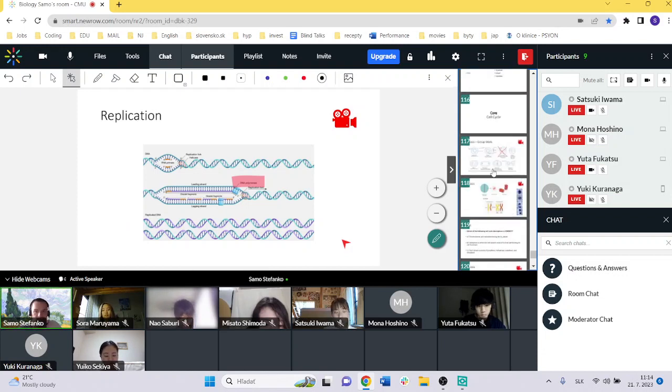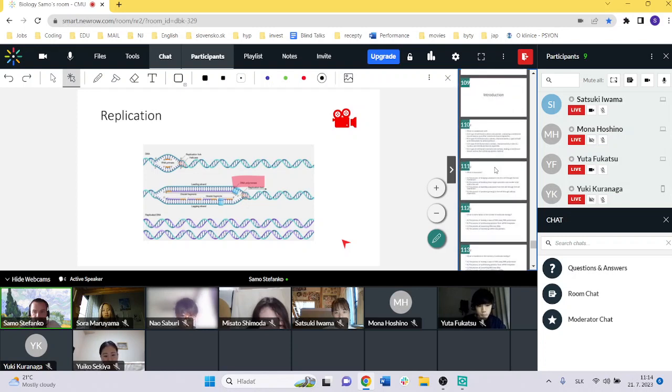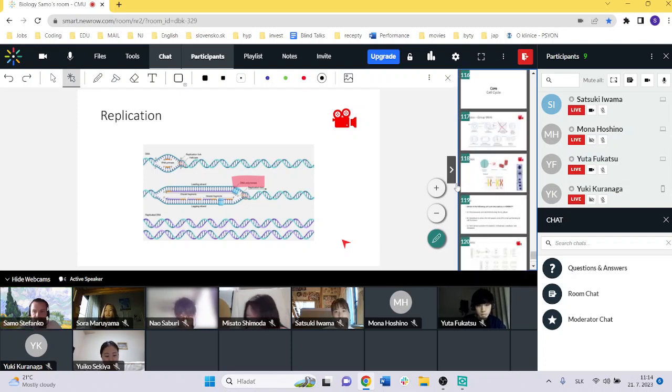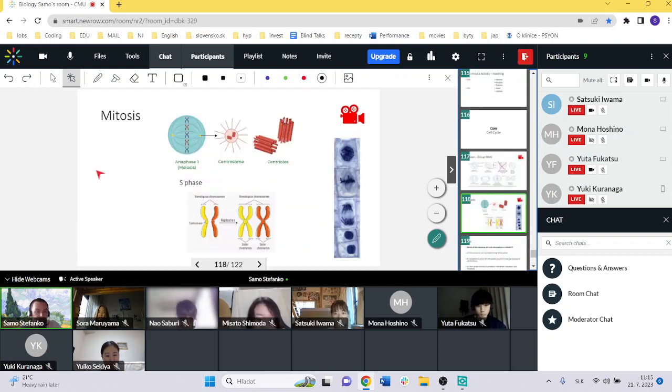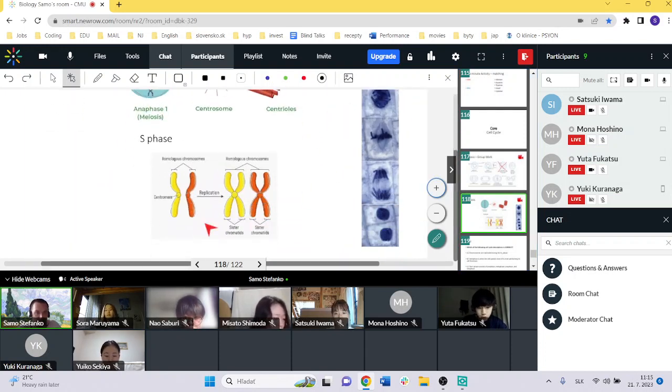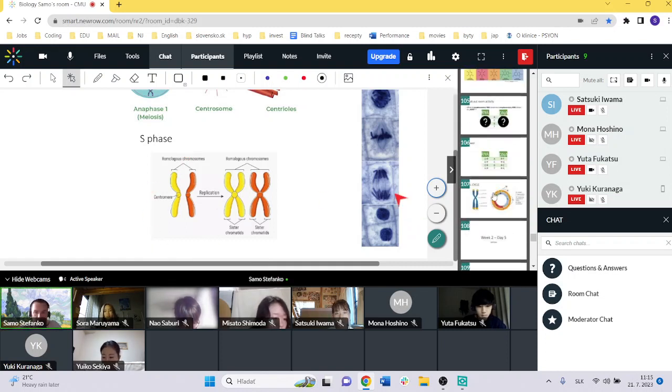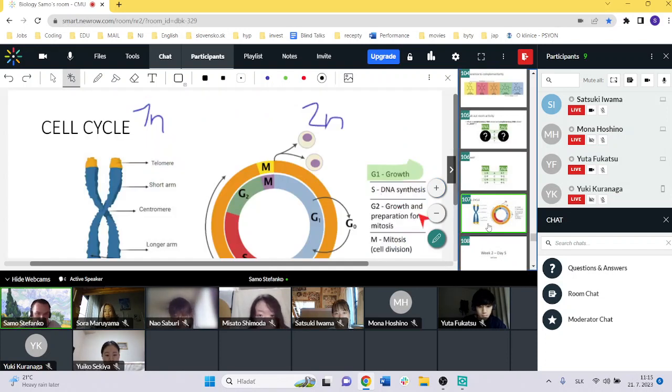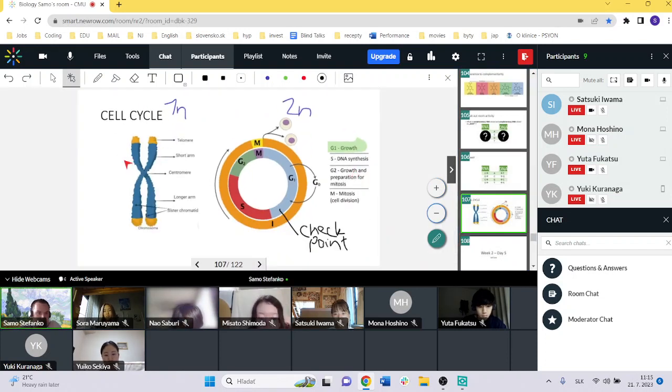Okay, so what does the S phase mean basically? Let me get back to it. How does it look if we check the S phase on this picture regarding the replication? As you know, we describe chromosomes when they are in this form.